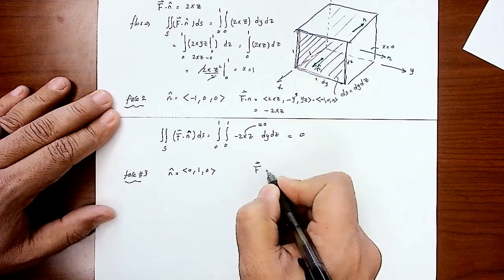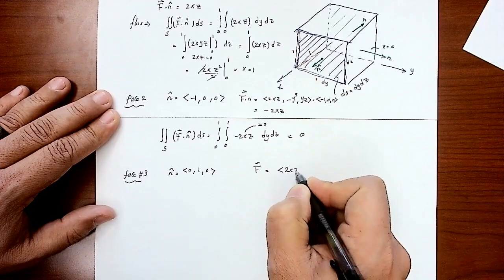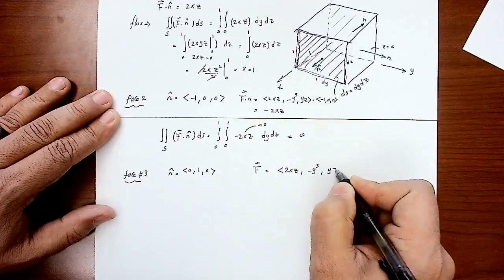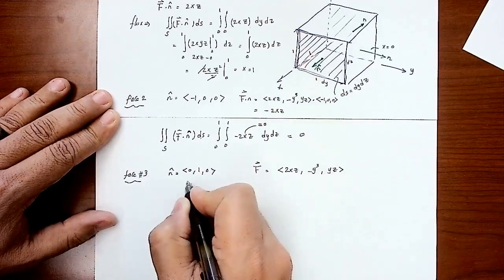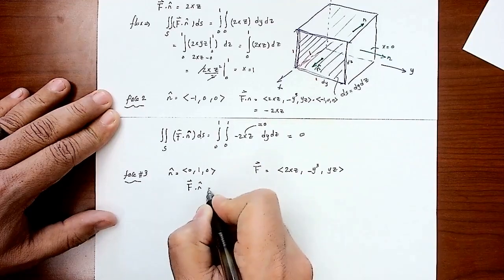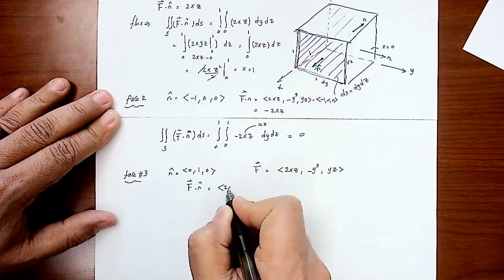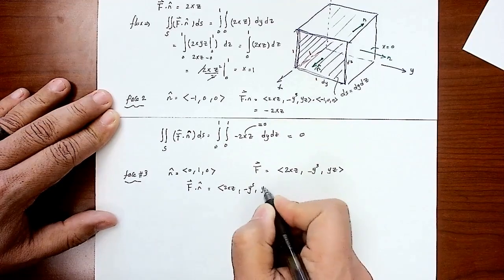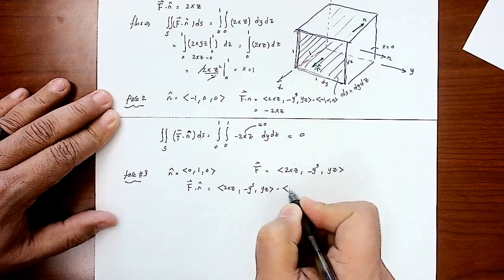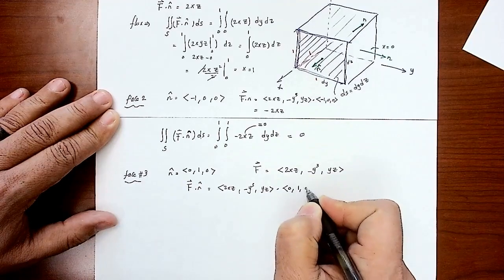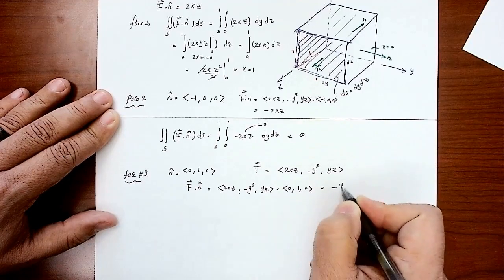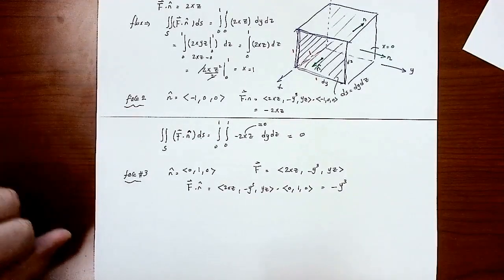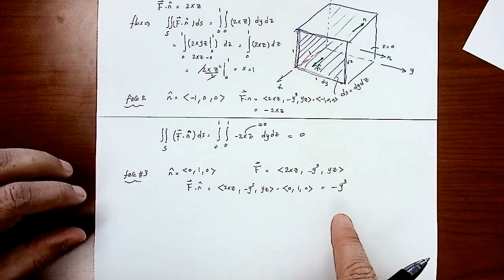Vector F is still 2xz, minus y cubed, yz. So I get F dot n: 2xz, minus y cubed, yz dotted with 0, 1, 0. This gives me minus y cubed. Remember, the dot product gives you a scalar, so F dot n is minus y cubed.